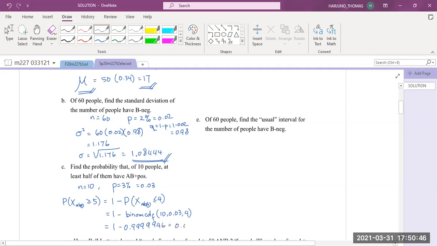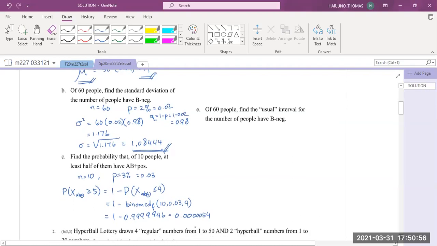So that's 0.000054. Now, if you round it to 5 decimal places, I believe I'm okay if you make it 0.00001. Yeah, if you make it 5 decimal places.